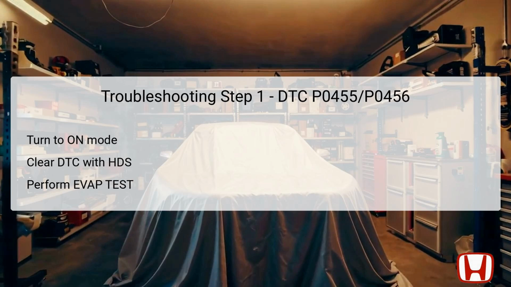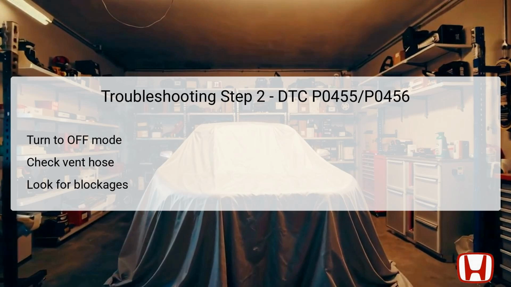Clearing the DTC enables the system to reassess the EVAP system's performance without prior fault codes interfering. Following the DTC clearance, proceed to select the EVAP test function in the HDS. This test will help determine whether the system is currently functioning correctly. If the test results indicate a problem, continue with further troubleshooting. If not, check for intermittent failures, such as poor connections or loose terminals.